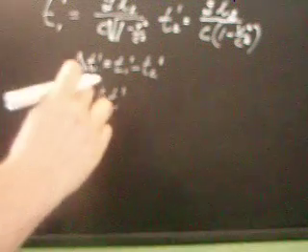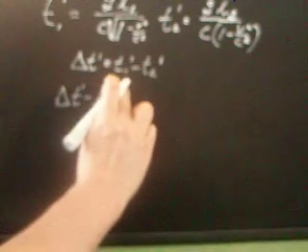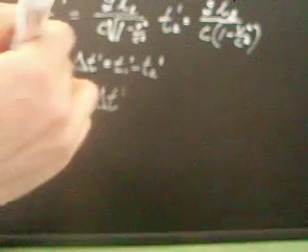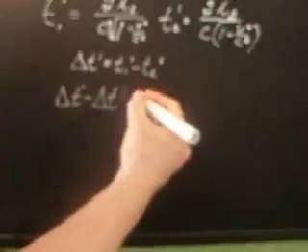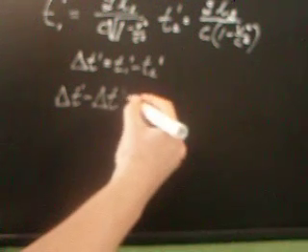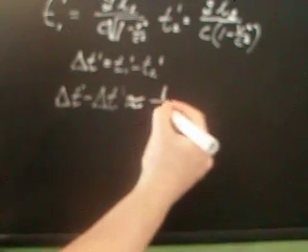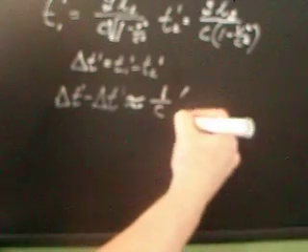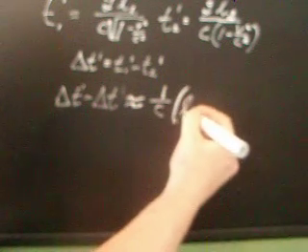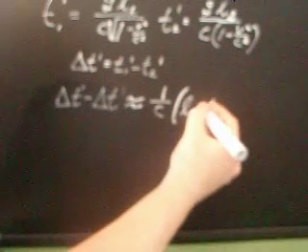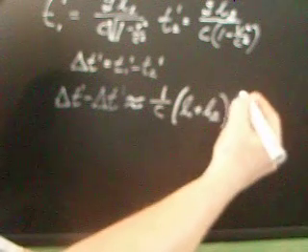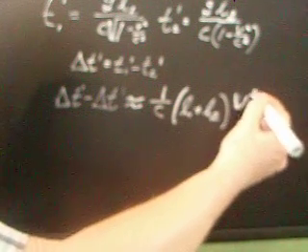It's even better to calculate delta T prime minus delta T. And in doing so we get this approximately equal to 1 over c times L1 minus L2 times v squared divided by c squared.